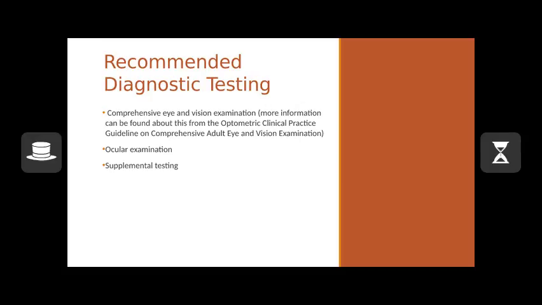Asking patients about refractive history, previous ocular disease, eye surgery, trauma, and amblyopia. Asking patients about any difficulties performing tasks such as ambulating, driving, reading, and performing occupational activities is important.